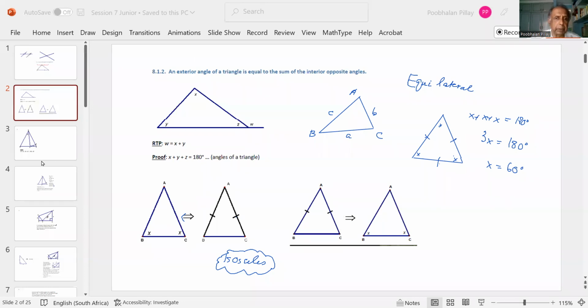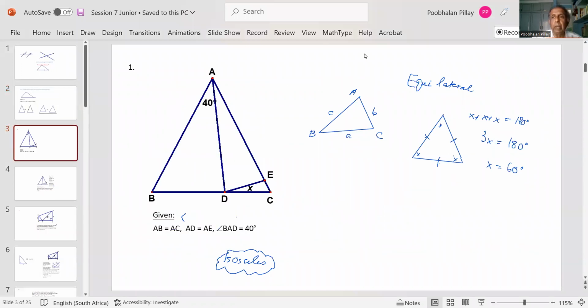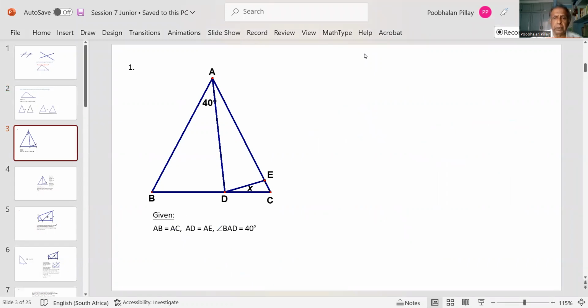Some of these problems may not be the kind of problems that you will do in school. They are a little bit more demanding because we are now doing Olympiad problems. So what do you mean by a problem? A problem is something where you have a piece of information given.